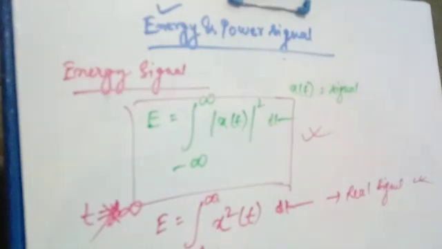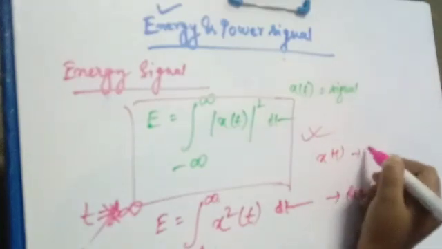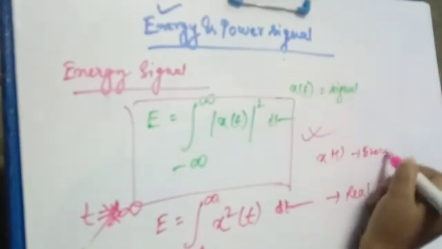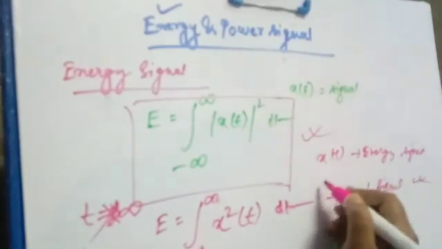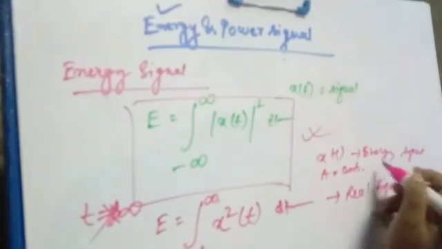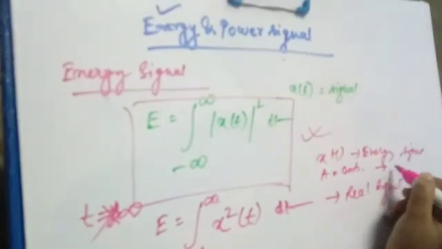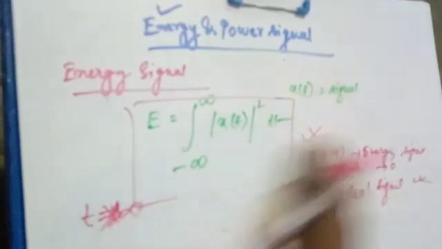That means the signal amplitude, represented by A, must be either a constant value or tend to 0, if x(t) is an energy signal. Now we can show here the format of an energy signal.